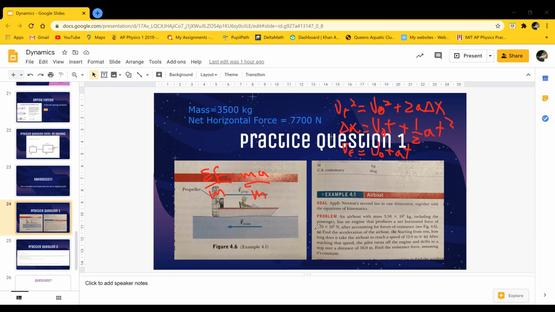Make sure you don't have two unknowns, only one unknown, and then solve for that variable.